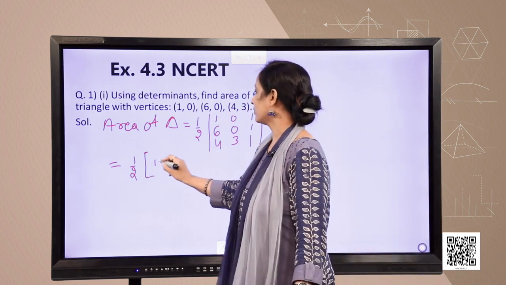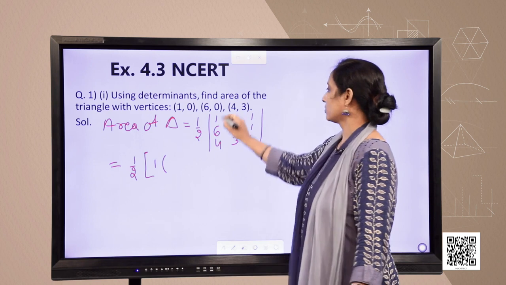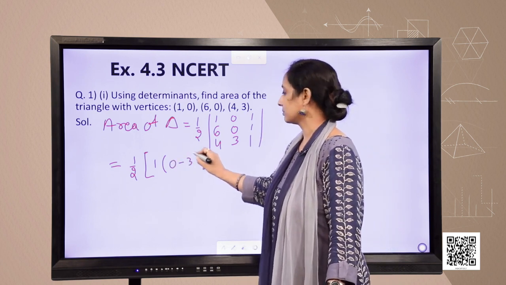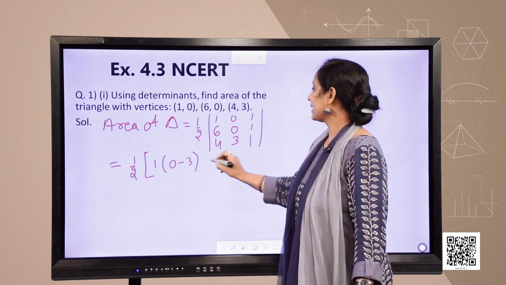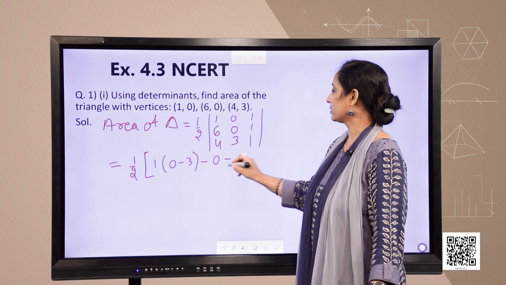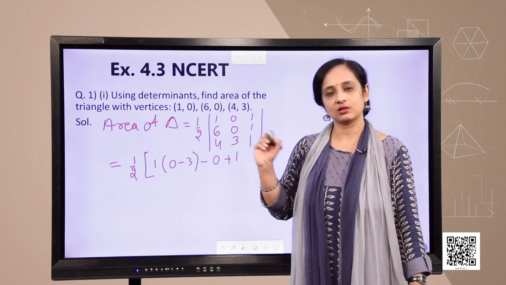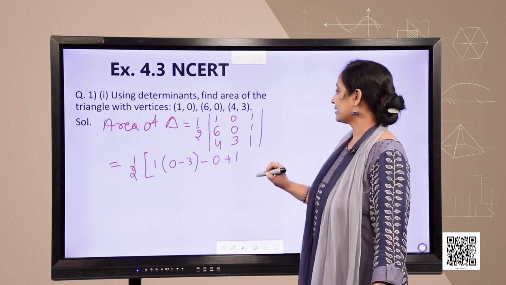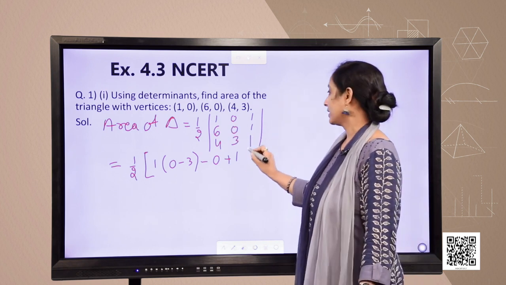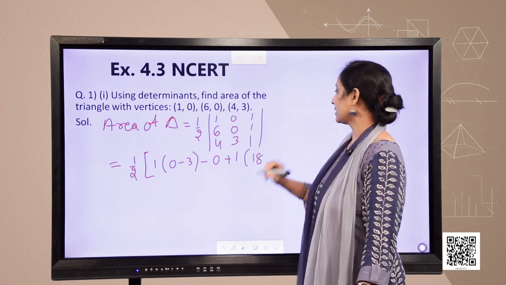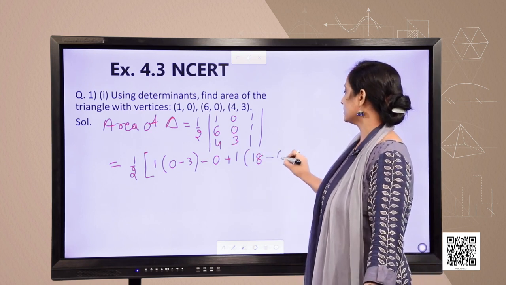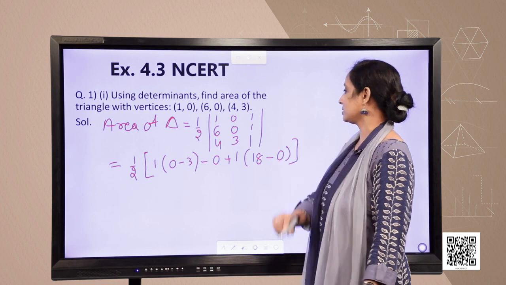So you can write 1, delete first row and first column and multiply remaining elements like this. Take next element minus 0, you do not have to write anything because if you multiply anything by 0, it is going to be 0. Take next element 1, delete first row and third column and write down remaining elements by multiplying them. 6 into 3, 18, minus 4 into 0, 0.